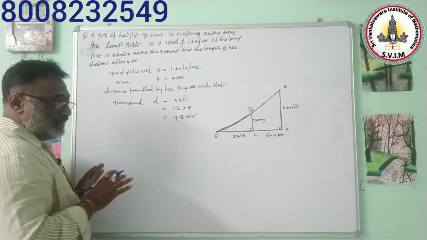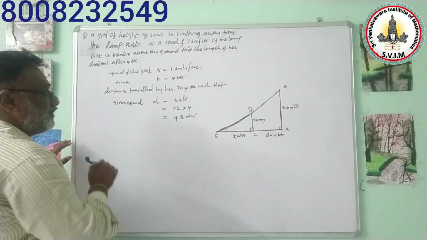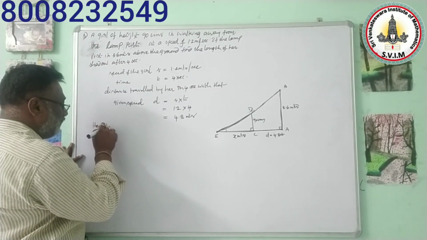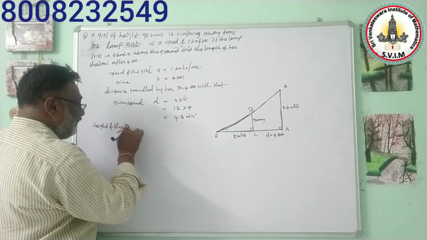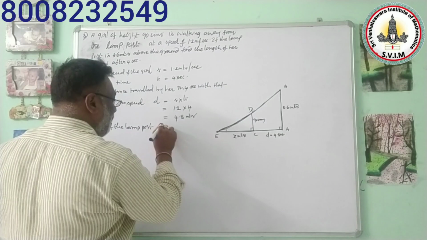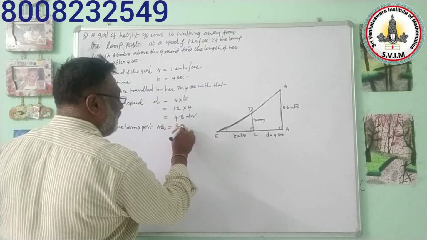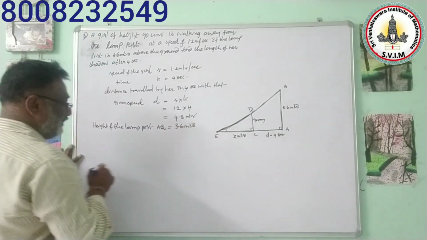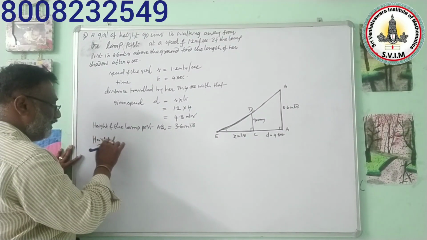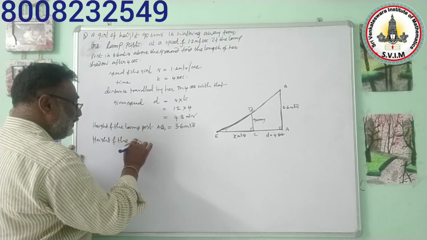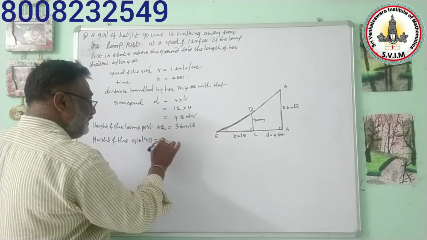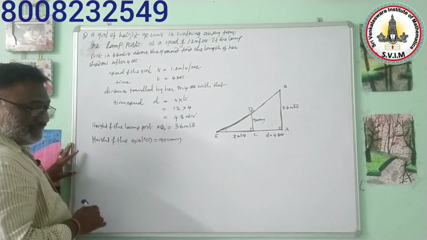The information first you need to write in the given figure. So AB is the height of the lamp post, AB is equal to 3.6 meters. Next, the height of the girl, that is CD, is equal to 90 centimeters.